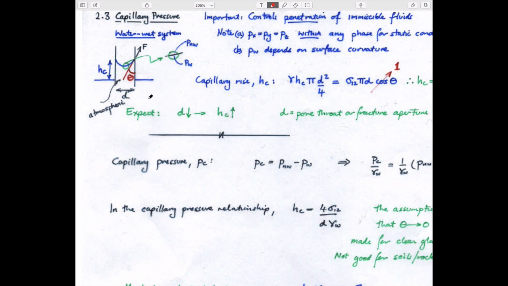And we know that if we do that, from what we just said, we get some rise within this capillary tube that we're pushing in there. And we can do a very simple force balance on this. You know the constraints on this. We know that the pressure at this point has to be atmospheric. We know that because we can get to this point here without going through any other fluid, that the pressure here has to be atmospheric as well, because it's on the same horizontal boundary, right?